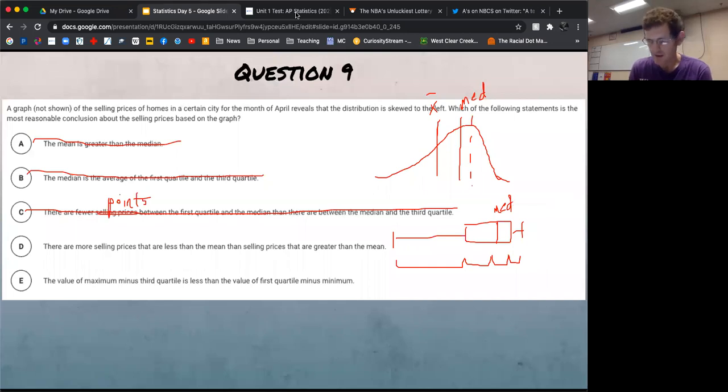So the mean being to the left, let's just say the mean is right here, that means that less than 50% of the data is going to be to the left of the mean, and more than 50% of the data is going to be to the right of the mean. So hopefully that logic is clear enough for you. This one can't be true. That means there should be more data points to the right of the mean, not less than.